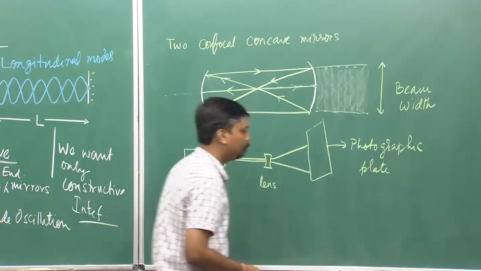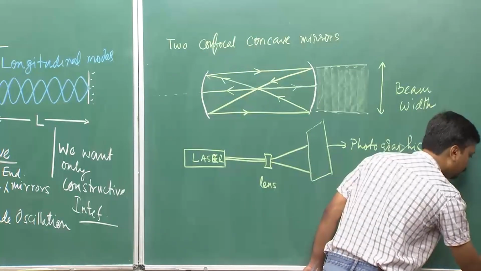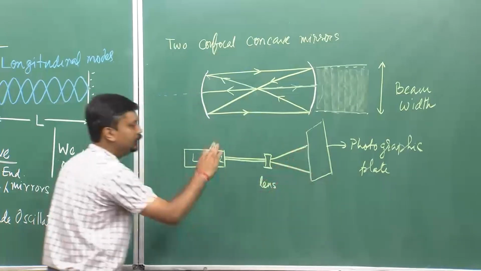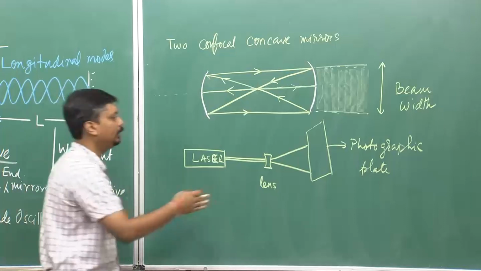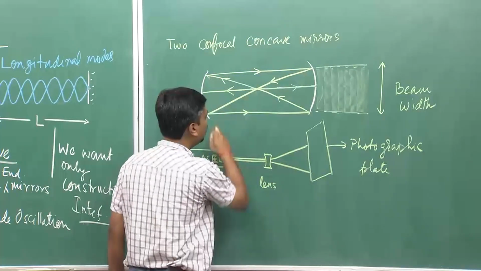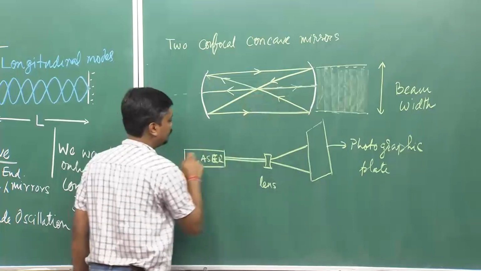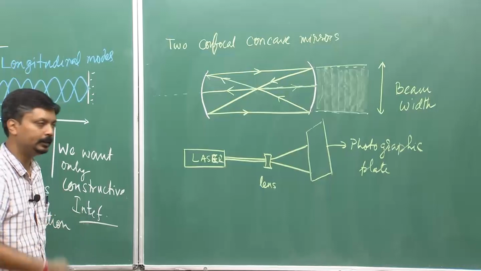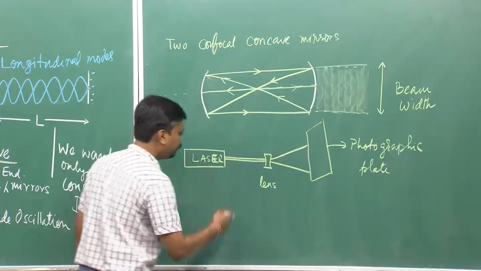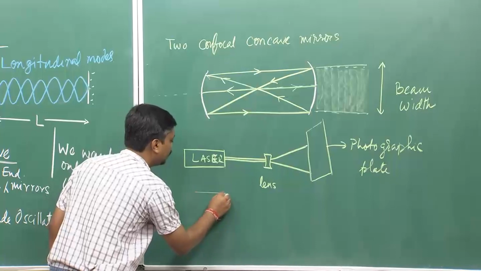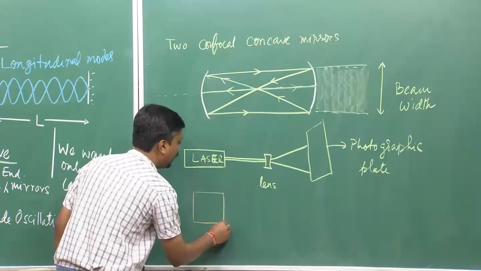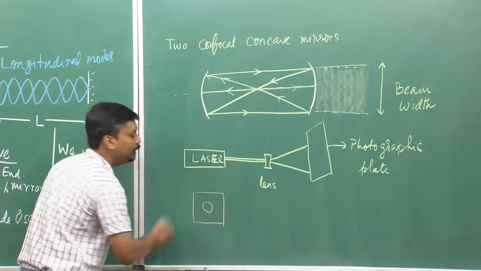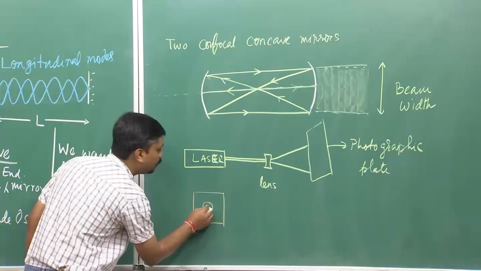So, let me use a different color. So, in this photographic plate, I will see the distribution of the photon in the plane which is perpendicular to this axis. So, this axis is the axis of this laser beam, and I am just looking at a plane perpendicular to this axis, correct. So, what I can see in this photographic plate, I can see a homogeneous distribution of the beam across a central point. Okay.